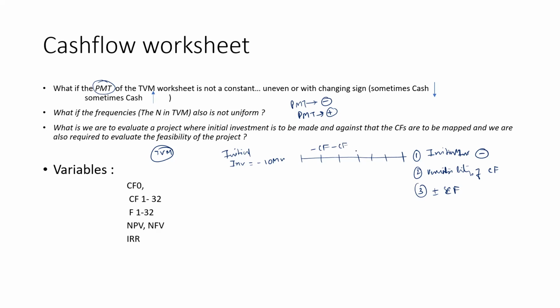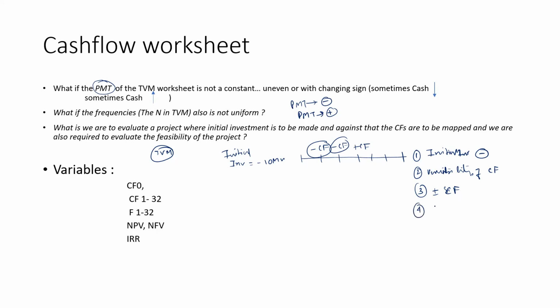Maybe 2 years, 3 years down the line, there's going to be some positive cash flow. So when you actually want to evaluate a project, we cannot ignore these negative cash flows generated during the first few years of the life of that project. So the second important aspect is the variability of cash flow, and third is the sign change of the cash flow.